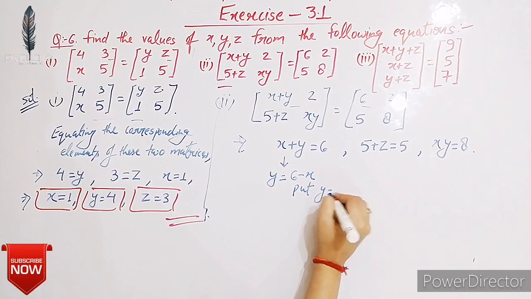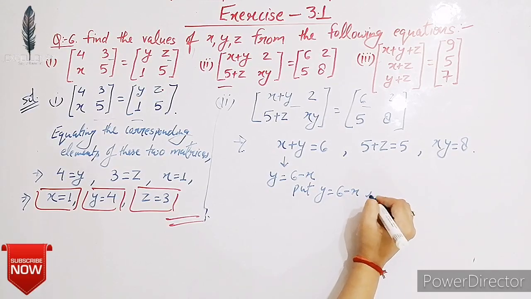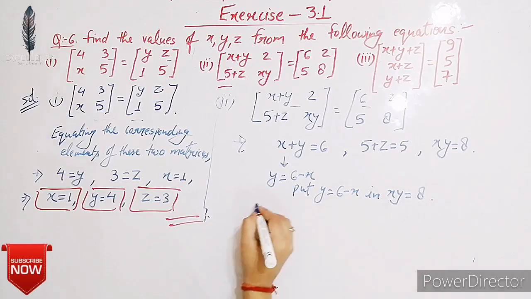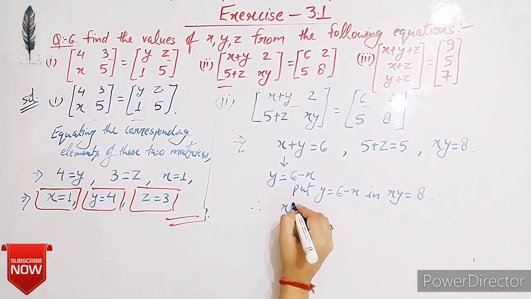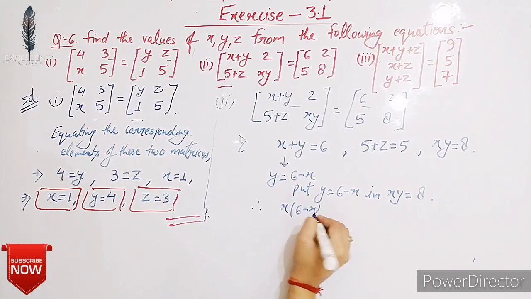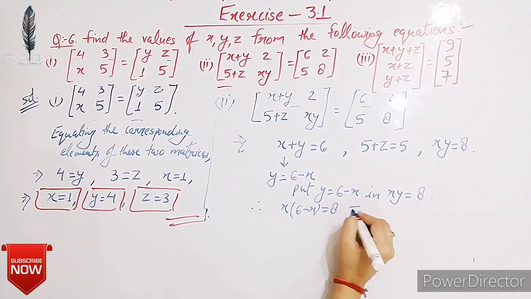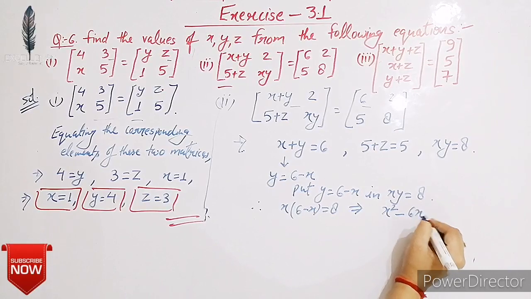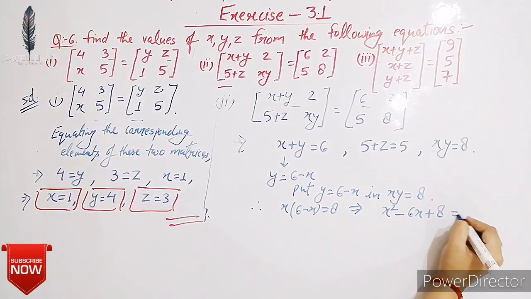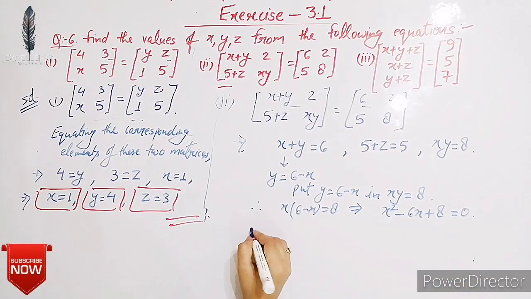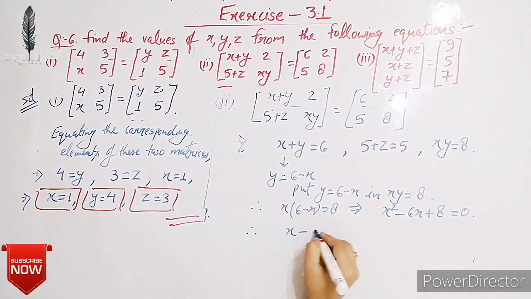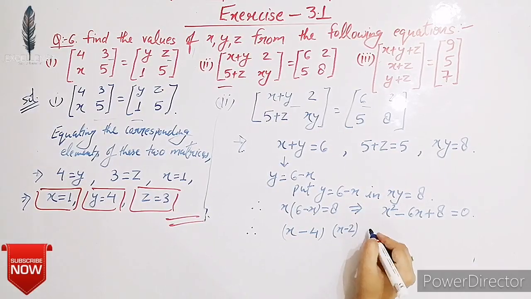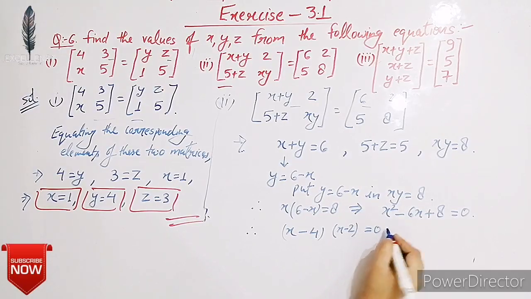Put y equals 6 minus x in xy equals 8. That gives x into 6 minus x is equal to 8. That gives x square minus 6x plus 8 equals 0. On solving this, we have x minus 4 into x minus 2 is equal to 0.